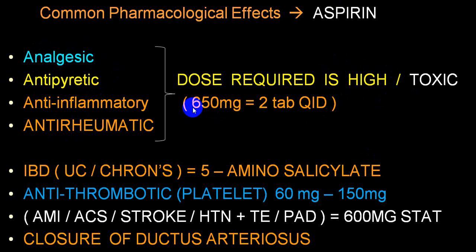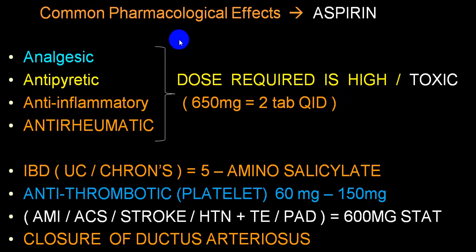That is 650 milligram tablet, QID, or sometimes more than 2 tablets, because one tablet is 325 milligram of aspirin, that is we call Disprin. So minimum you have to give 2 tablets and you have to give frequently because the half-life is very short. Larger the dose, side effects are more. So bleeding tendency, GI side effects, damage to liver, damage to kidney becomes high.